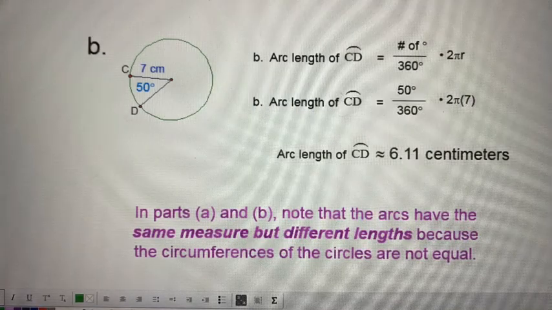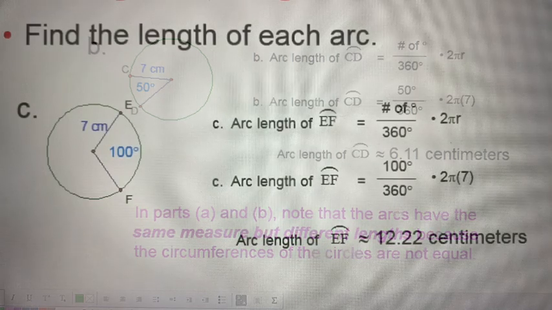Now B has the same arc measure of 50 degrees, but this time the radius is 7 centimeters, a little bit bigger. That means the circumference is a little bit bigger. And so when I plug it in and chug it out, and I rounded pi to 3.14, I get about 6.11 centimeters.